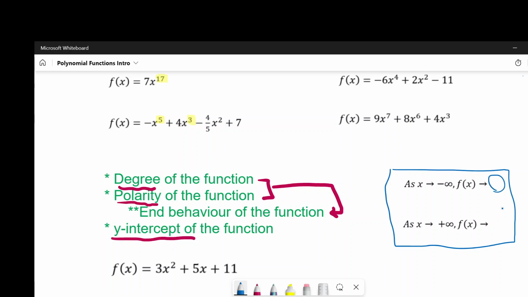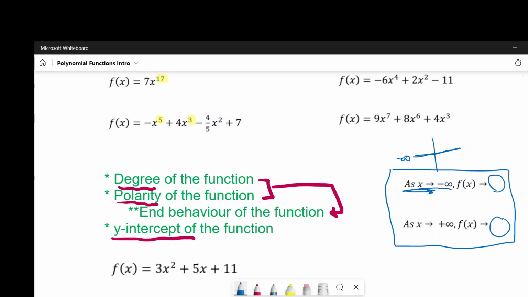Now it's missing the actual statement about the end behavior, but here are the rest of the sentences. As x approaches, that's what that arrow says, as x approaches negative infinity. So negative infinity, if you think about the xy axis, means the left side of the graph.